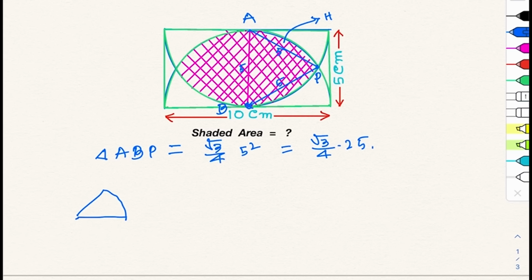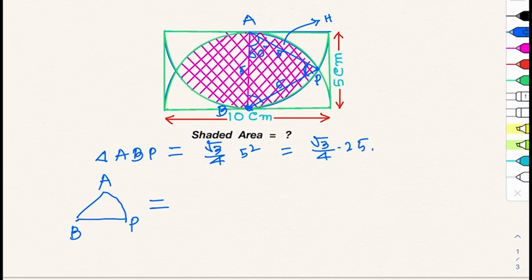Since ABP is an equilateral triangle, every angle will be 60 degrees, isn't it?